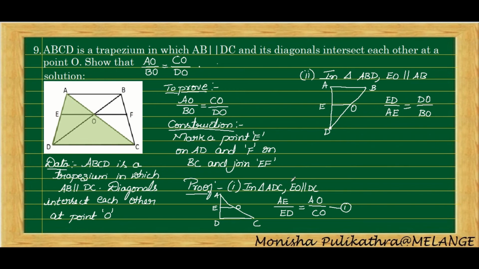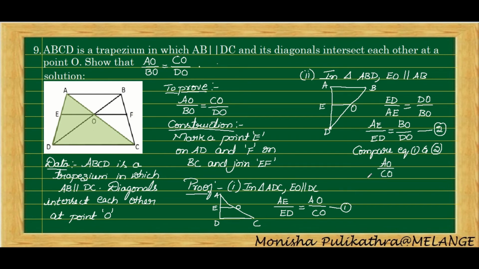Since the first equation has AE by ED, here it is ED by AE, we can take the reciprocal to make the comparison easier. So AE by ED is equal to BO by DO. Let this be equation number 2. Next we need to compare equation 1 and 2. By comparing 1 and 2, we will get AO by CO.